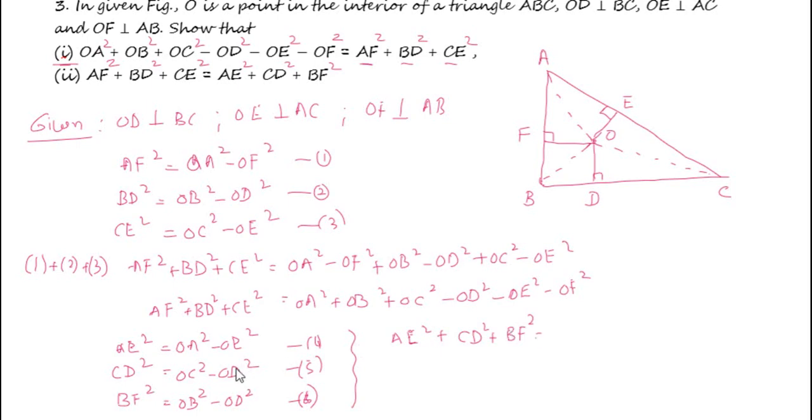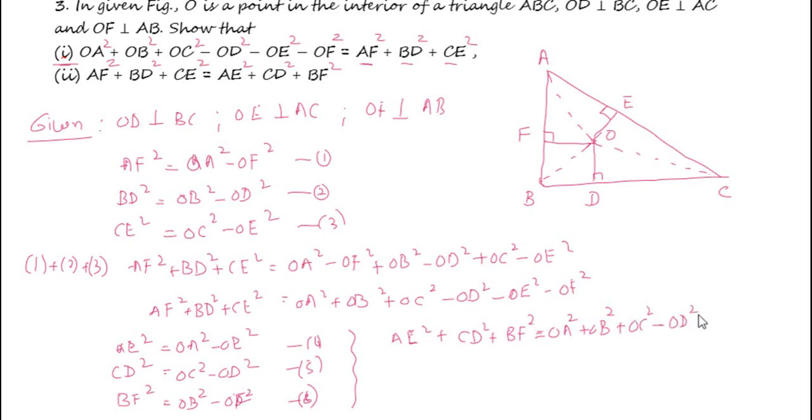is equal to OA square plus OB square plus OC square minus OD square, OE square and OF square, sorry. So minus OD square, OE square and OF square.